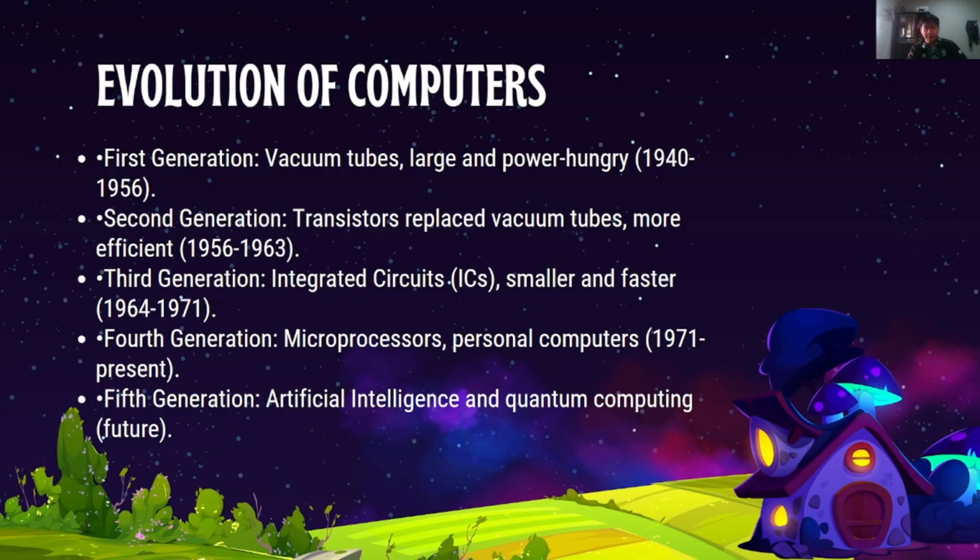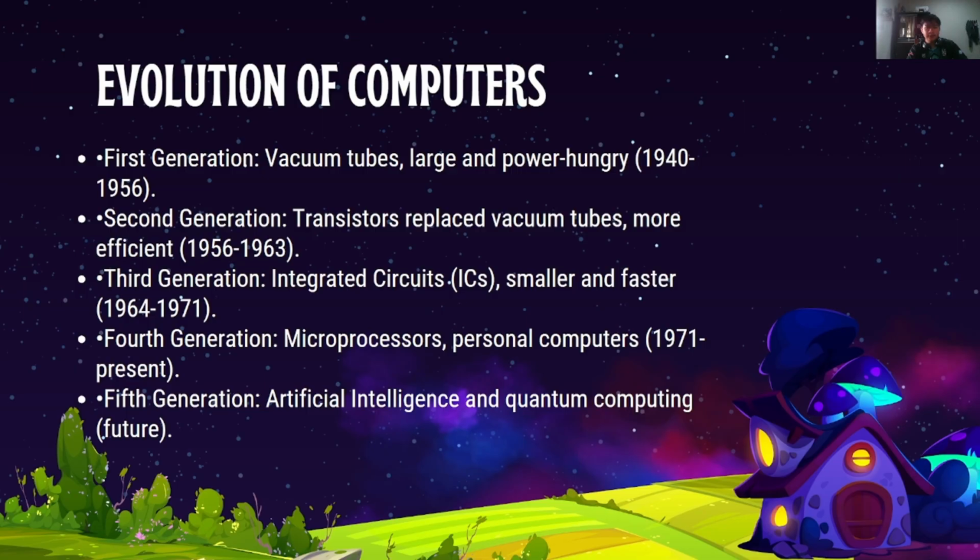Evolution of the computer. First generation, vacuum tubes, large and power hungry, from 1940 to 1956. Second generation, transistors replaced vacuum tubes, more efficient, from 1956 to 1963.